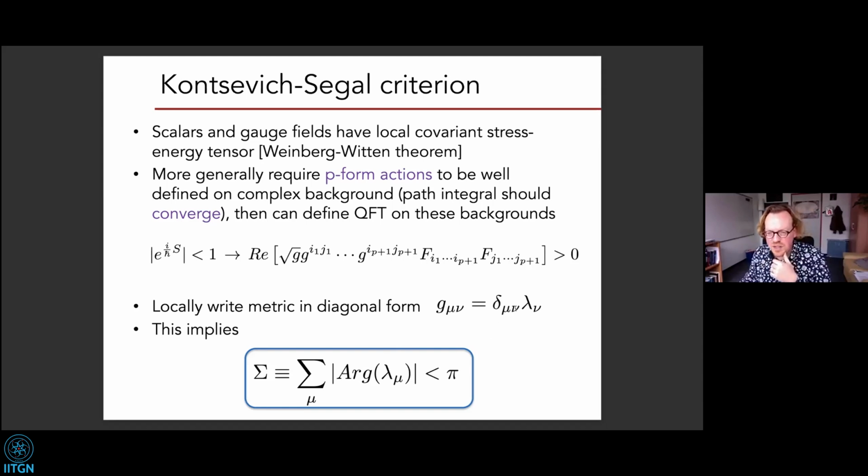You see, the metric here, when we diagonalized it, was diagonalized with the Kronecker delta. So these lambdas you can think of as coefficients for a Euclidean metric. If the metric is pure Euclidean, the lambdas would all be real, then the arguments would all be 0, and this sum sigma would be 0. If, however, you have a Lorentzian metric, say simple Minkowski space, then one of the lambdas will be -1, and its argument is pi. And so then the sum of arguments is already pi, meaning you are right at the edge of this inequality.